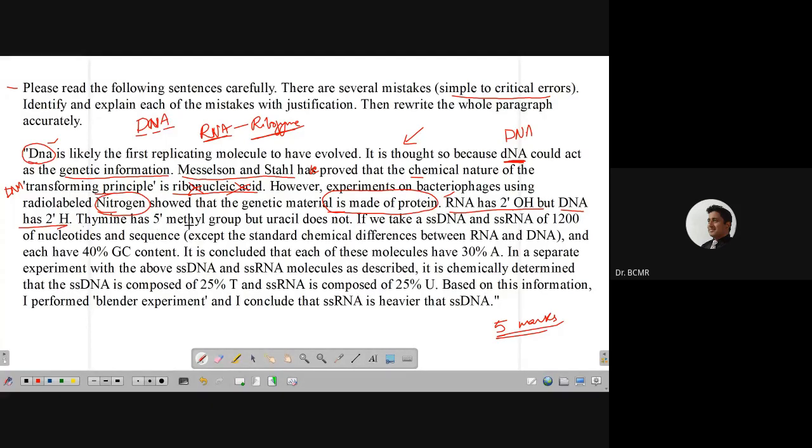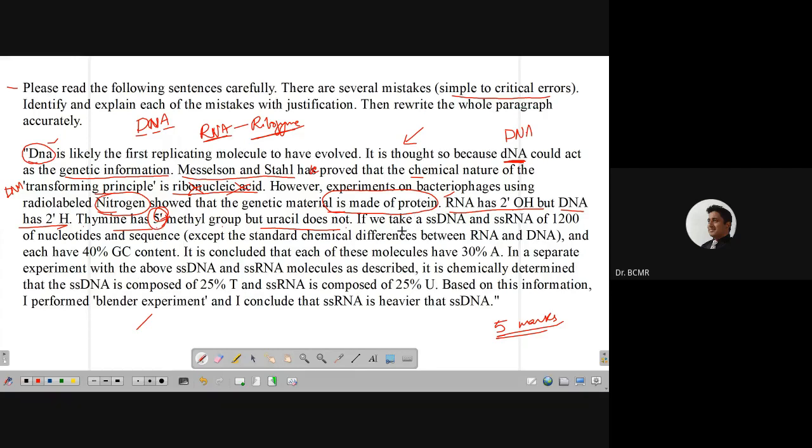Thymine has a 5-methyl group, but uracil does not. 5-methyl uracil is thymine. That is also fine, I guess. But the problem is I said 5'. It is not 5'. It's the 5th carbon of uracil. When you say prime, it is actually representing the ribose. So that's the mistake there.